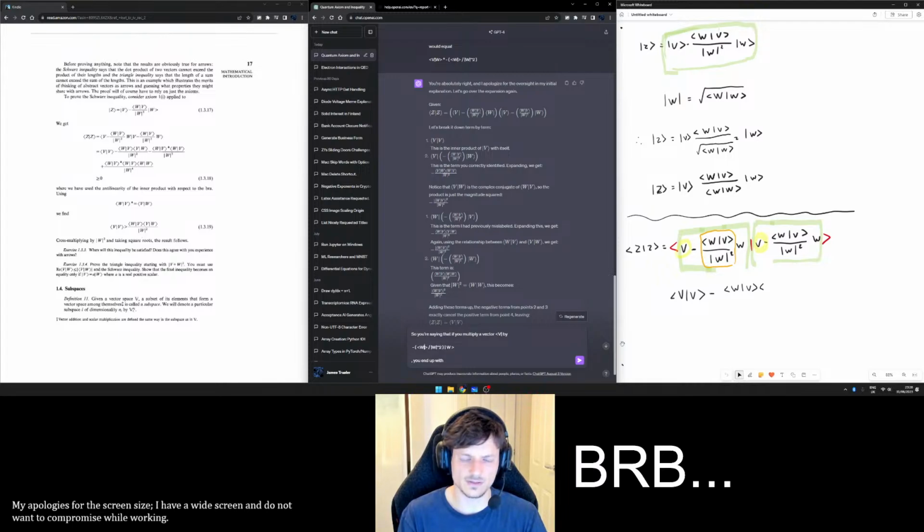This is wrong, so this is w v over w squared multiplied by the product.